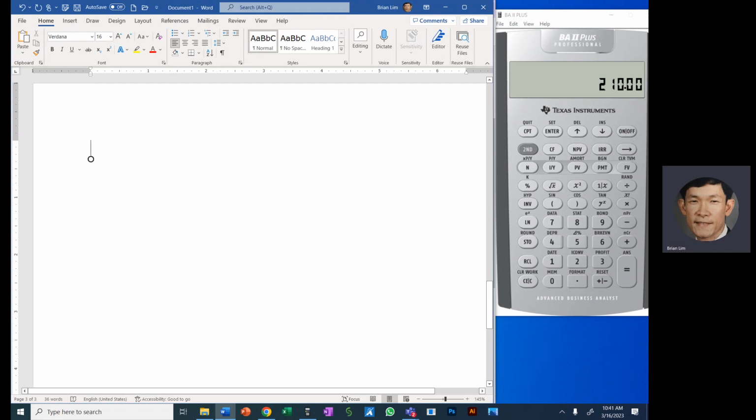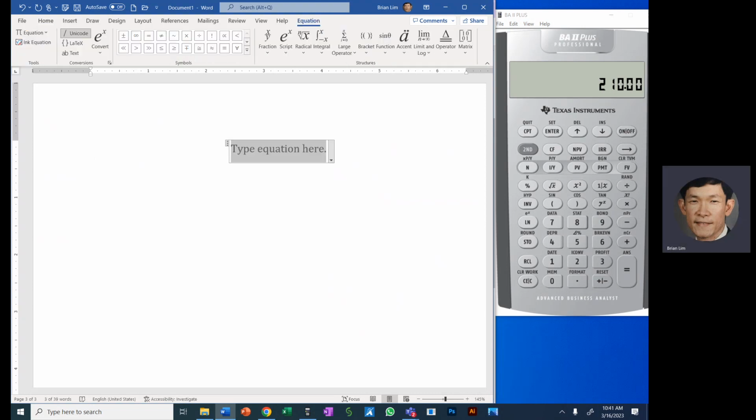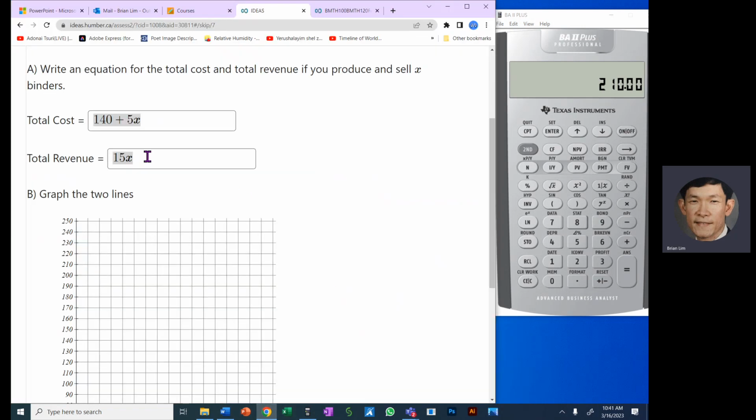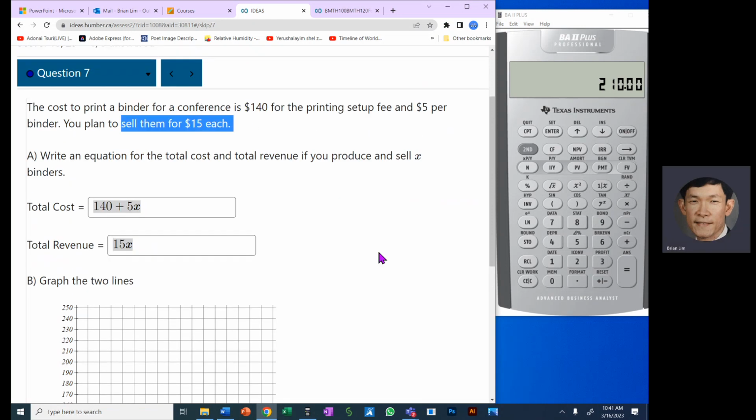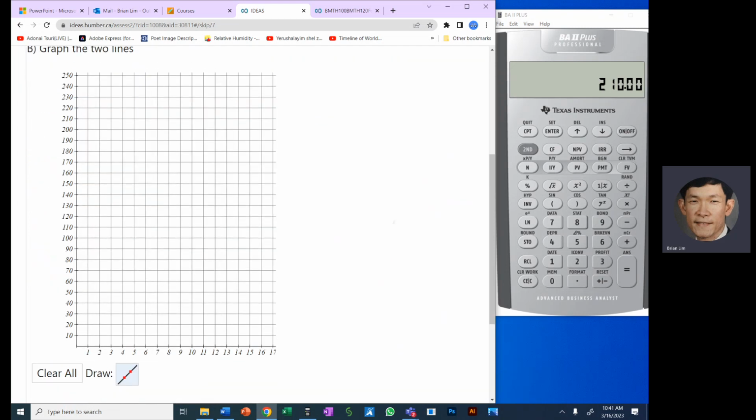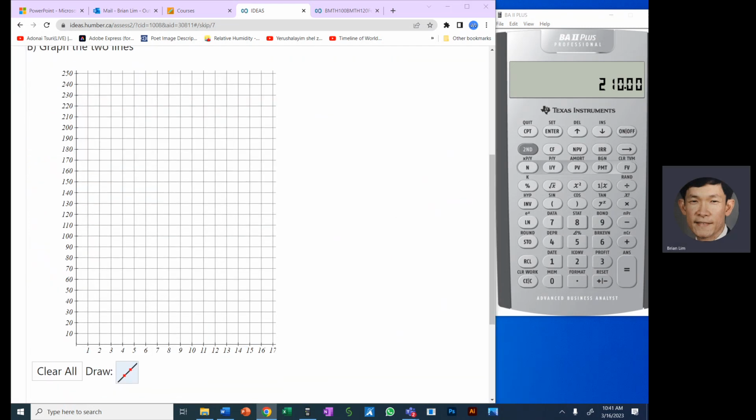So we should probably put in the functions first. All right, we will do the total revenue, and that's equal to 15x, correct? Yes, but let's be sure of what we're doing. It is 15x, and if we come up here, yes, it sells for $15 each. So it has to be 15x. 15x is correct.